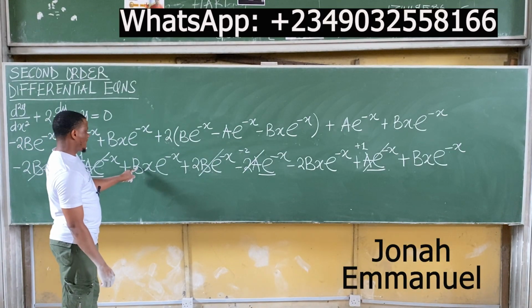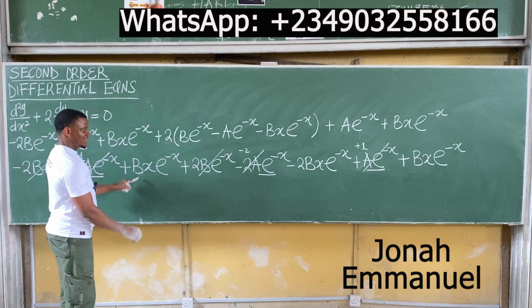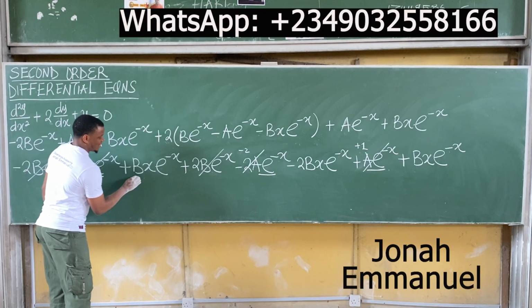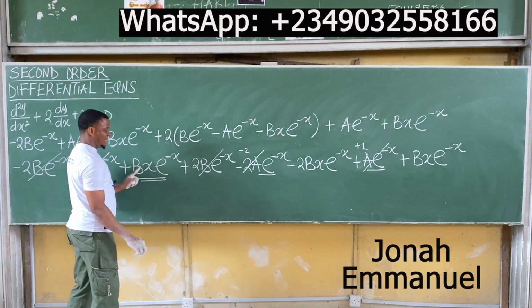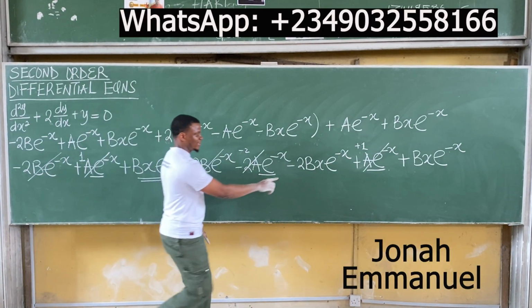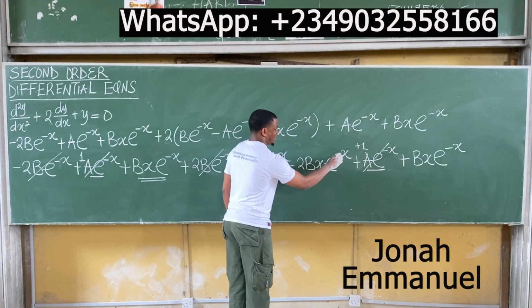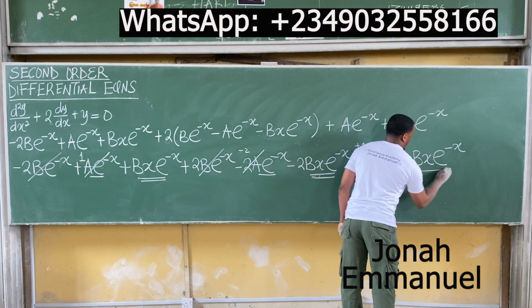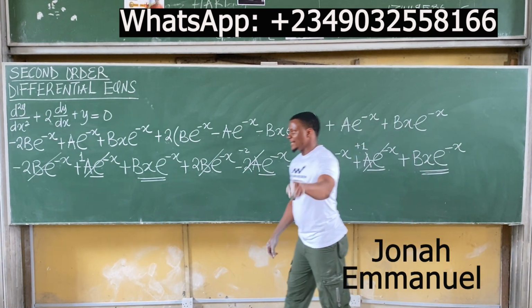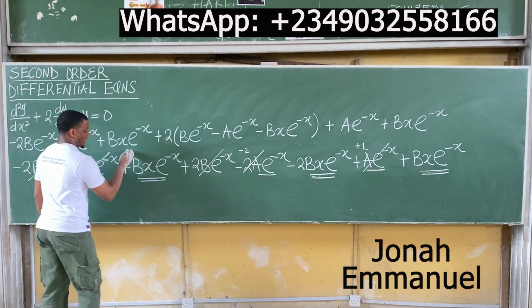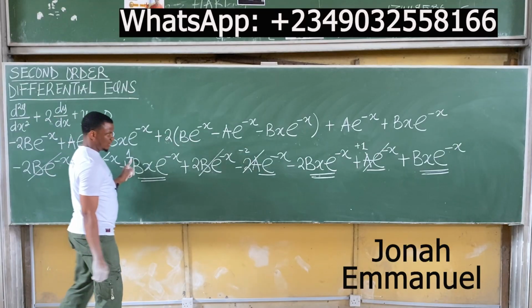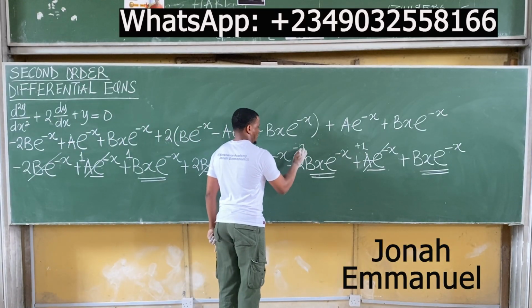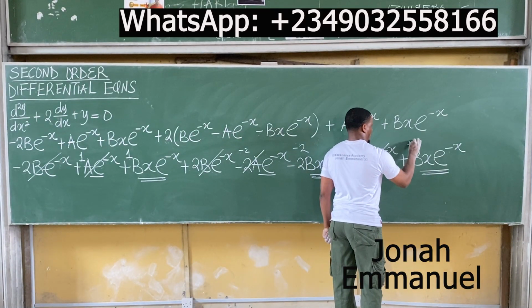Look for the bx exponential minus x. It occurs here, here and here. The coefficient here is 1, here minus 2, and here plus 1.